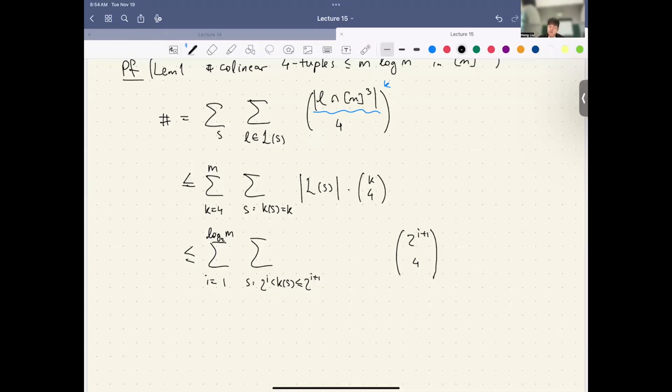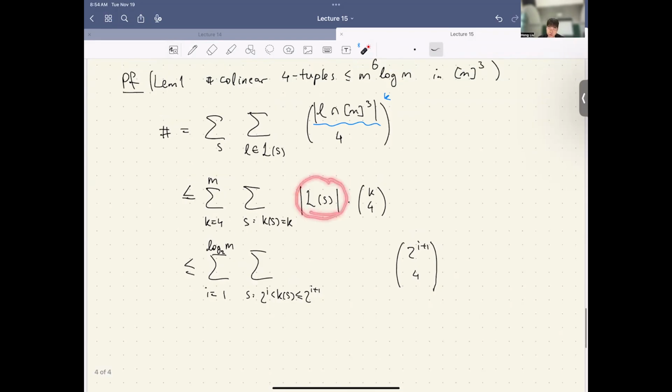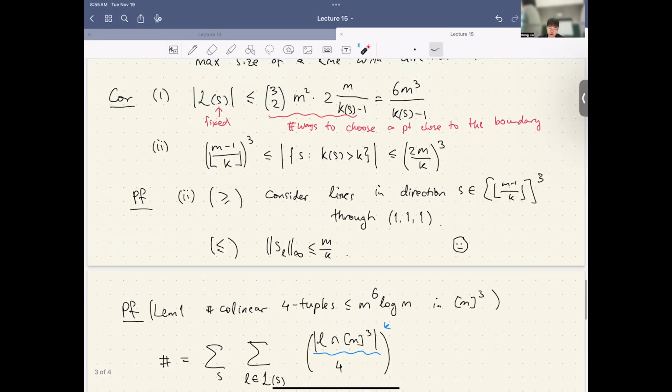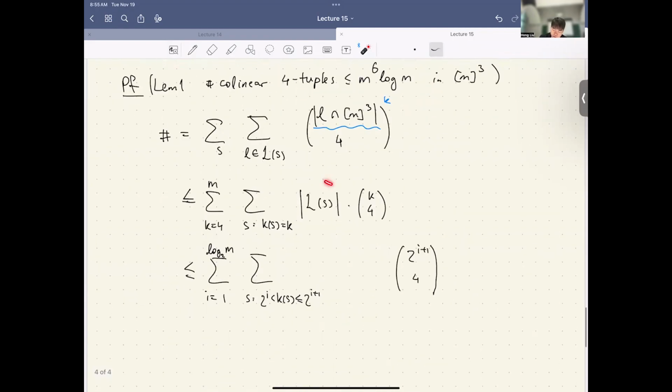What's the number of lines with direction S? Well, we proved it above. The number of lines with direction S, when S is fixed, is m cubed over its corresponding maximum K. So we plug in here, this is m cubed over K of S minus 1.